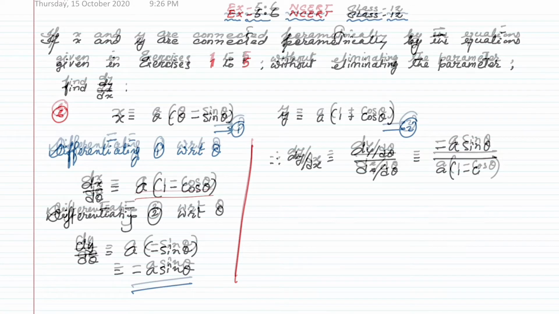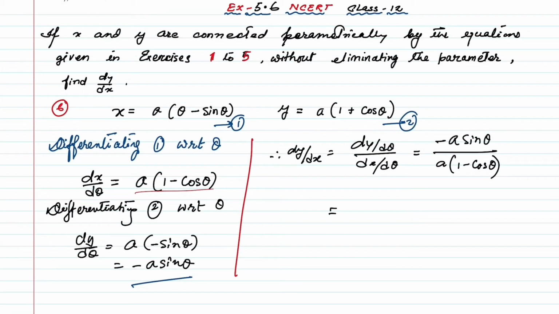Now a sine theta can be written as 2a sine theta by 2 cos theta by 2, so here we have used trigonometric identities.